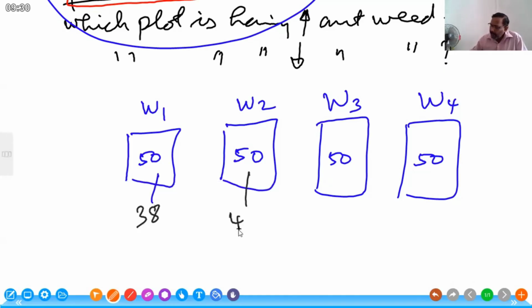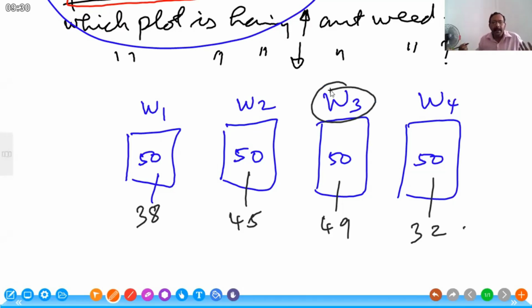This may kill 45. This may kill 49. This may kill 32. So we can say visually, we decide 3 is better because it is relatively killing more weeds, right? So having same opportunity, now we can compare.